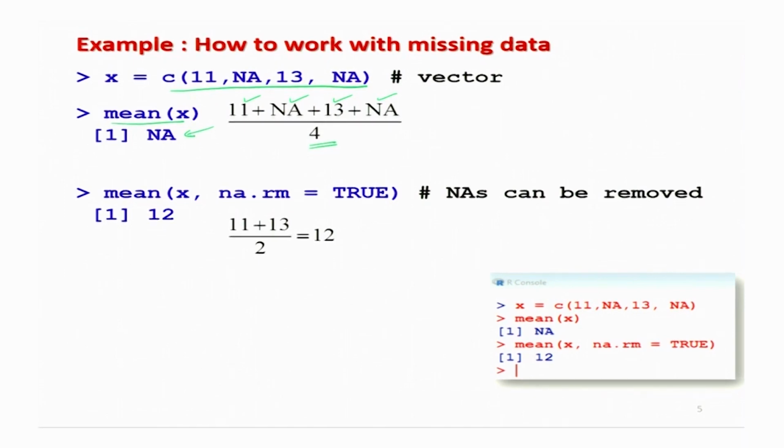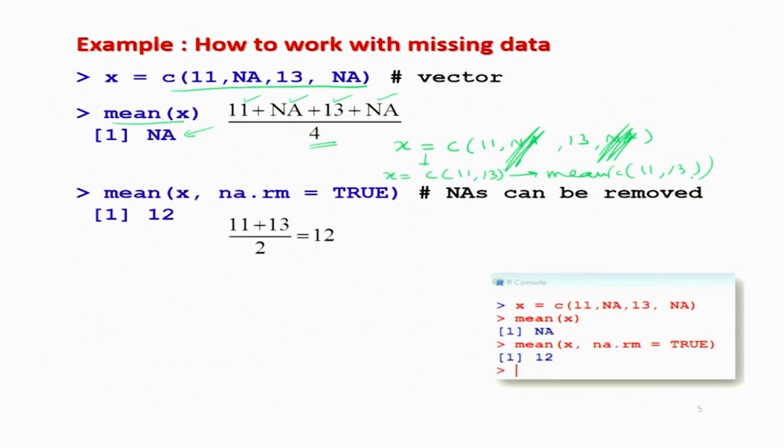What we actually wanted was that out of this x vector there are 2 values, 11 and 13, at first and third position, and there are 2 values at second and fourth positions which are missing. You wanted these missing values to be removed from this data vector x, and then whatever data is left in this vector, which is 11 and 13, we try to find out the mean of this 11 and 13.